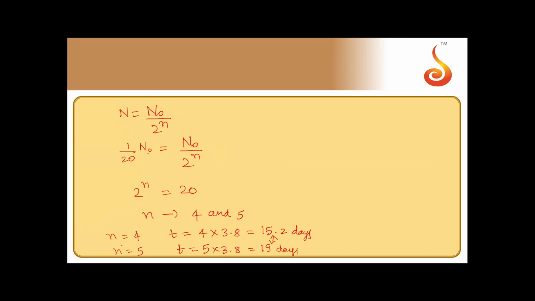So the answer to this should lie between 15.2 and 19. So one that satisfies this is 16.5 days. So that is option B. Only option which lies between these two limits is 16.5 days. That is option B.